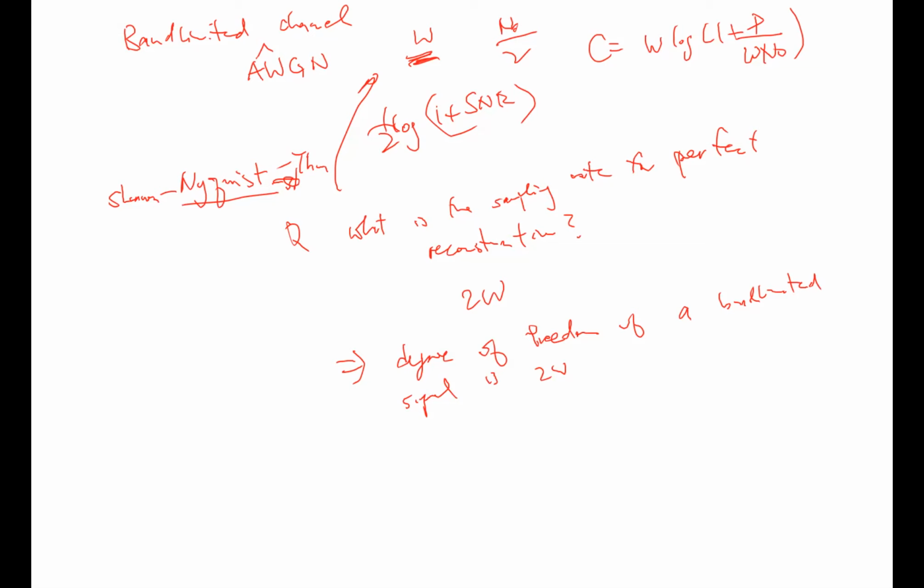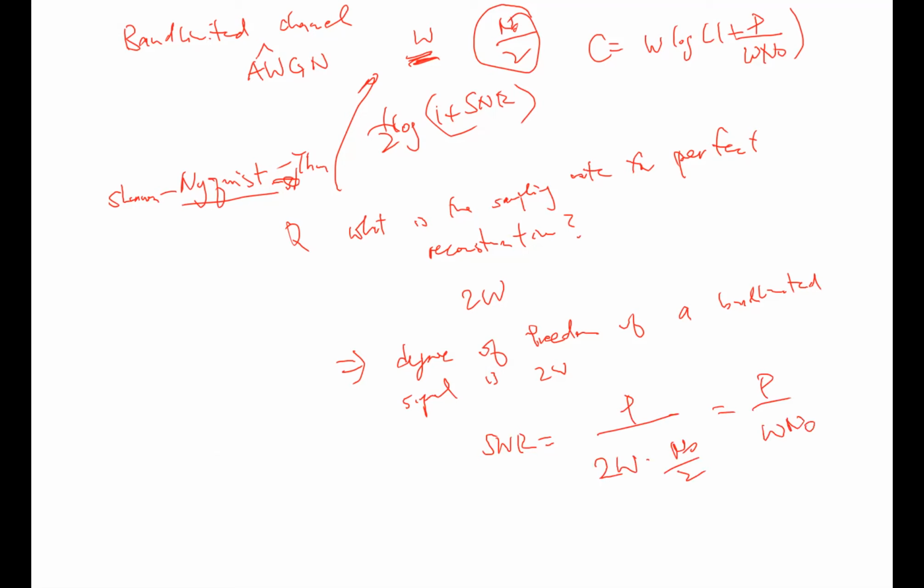Then for a band-limited channel with bandwidth W, if the noise there is N0 over 2, you can think of this as just 2W parallel channels. The signal-to-noise ratio there is P over 2W times N0 over 2, therefore P over W N0.